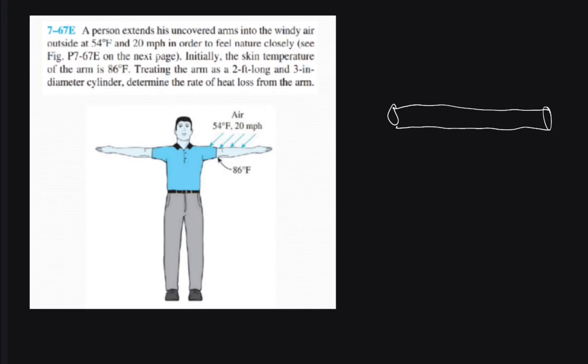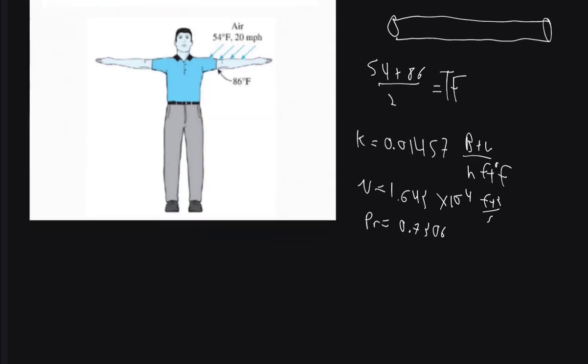So the film temperature is 54 plus 86 by 2. And then we're going to look at the properties there. All of these numbers would likely be given to you.